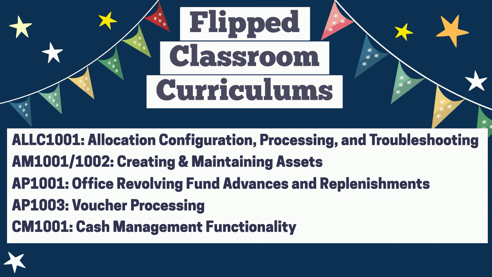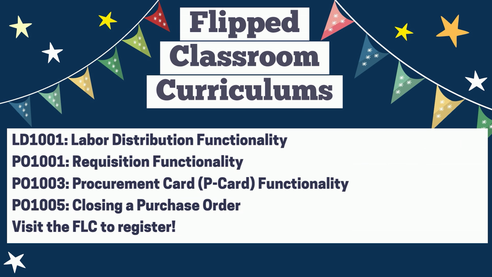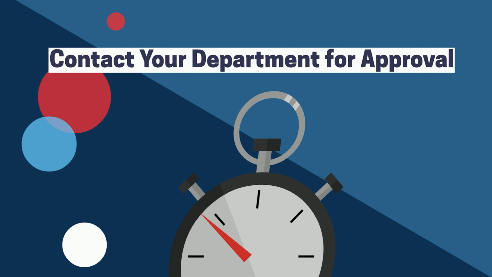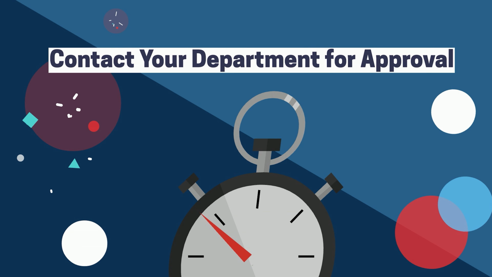The FLC offers a number of flipped classroom courses, including AP 1003 Voucher Processing and PO 1001 Requisition Functionality, and more. Make sure to follow your department's training policy prior to registering for a class.